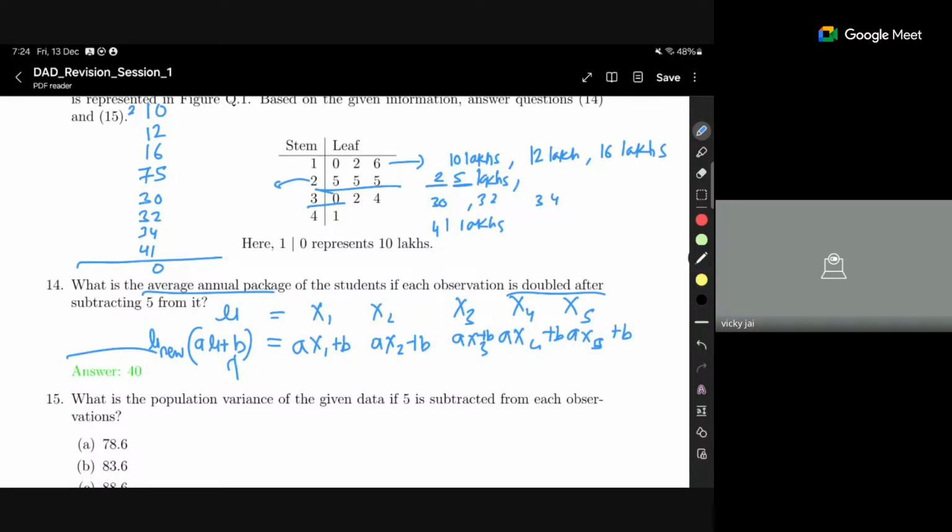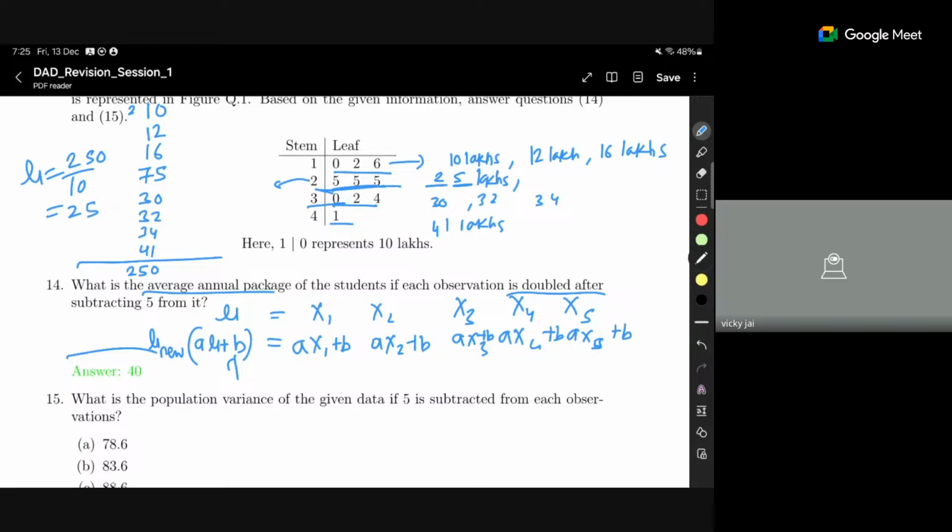And then 15, 18, 21, and 25. So this is 250. So I got 250 as the summation of this. How many others? 3, 6, 9, and 1, it's a total of 10. So mean is 250 by 10, which is 25.